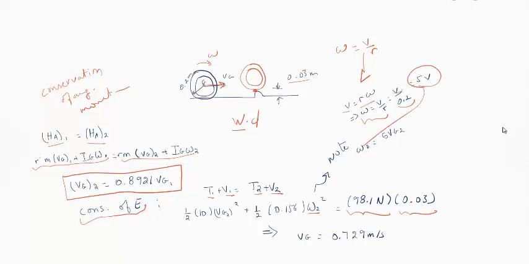So we plug in 5 vG2 over here. We only have one unknown, which is vG2. Plug in all the numbers and we get vG2 equals 0.729 meters per second. Now this basically summarizes this chapter. Thank you everyone for listening.